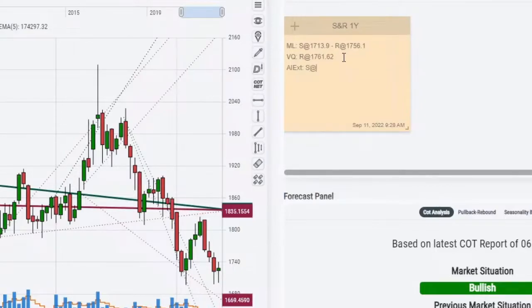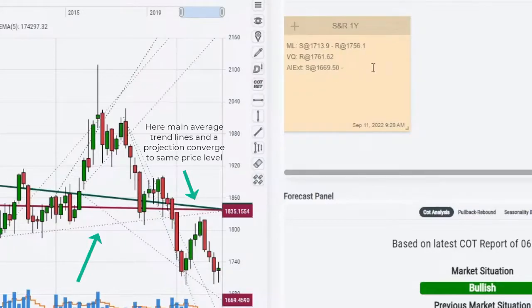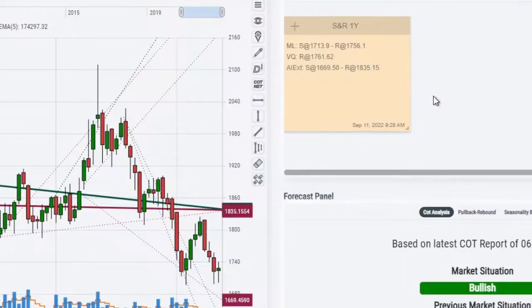Support at 1669.50, and we have a very, very important resistance at 1835.15. Okay, so this is going to complete our session, and these are those numbers.